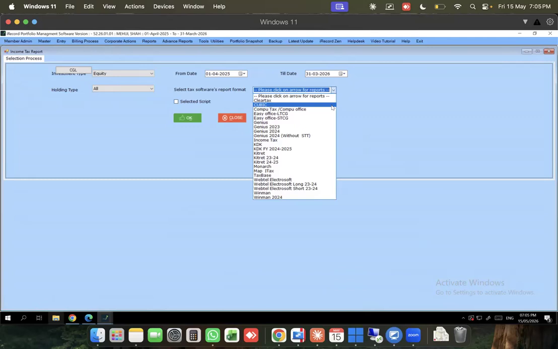So you would also be able to extract your capital gains from these listed tax software formats and provide the extract to the CA directly. The CA has to do nothing, just import the extract that you provide in the Excel format into their tax software. Filing will be taken care of.